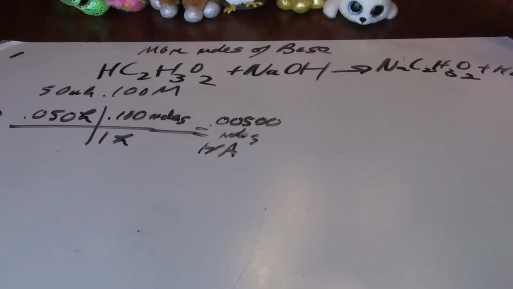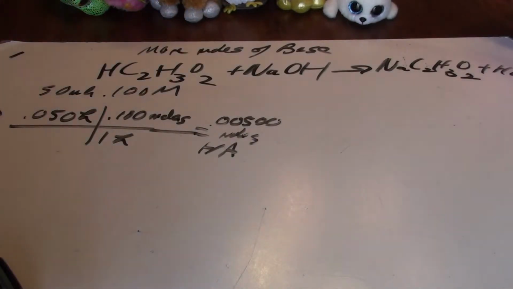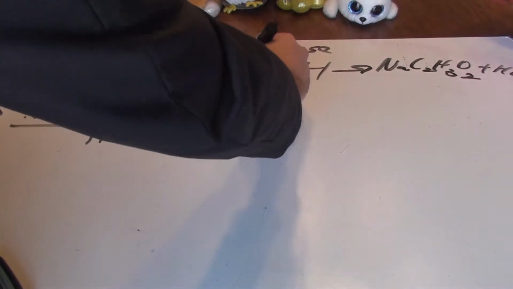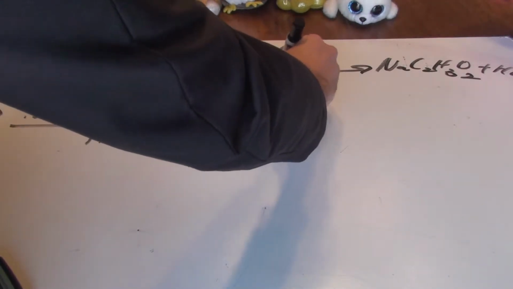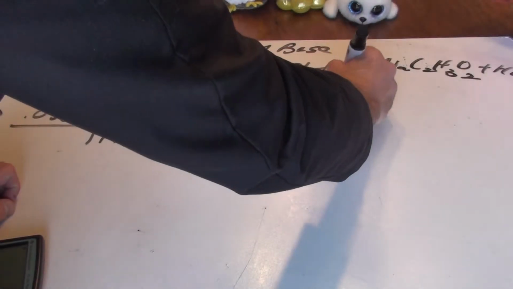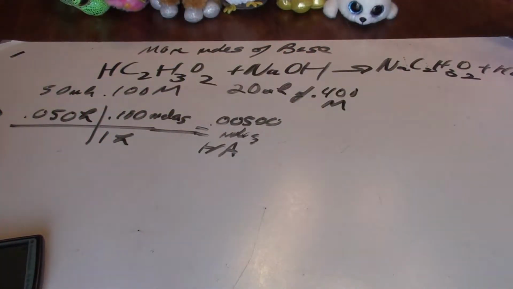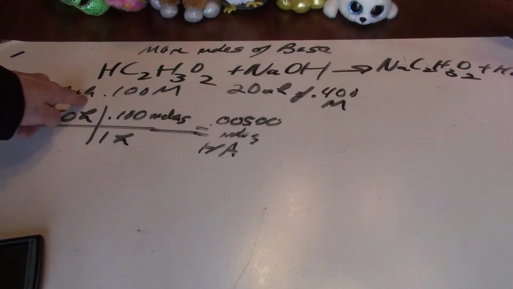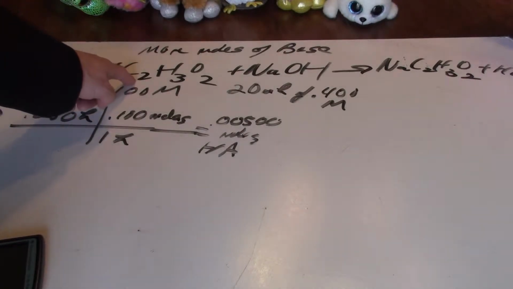Now what do we do when we have more moles of base? Suppose in this situation we've got 20 milliliters of a 0.400 molar solution. Now, the volume of acid is more, but that doesn't matter.